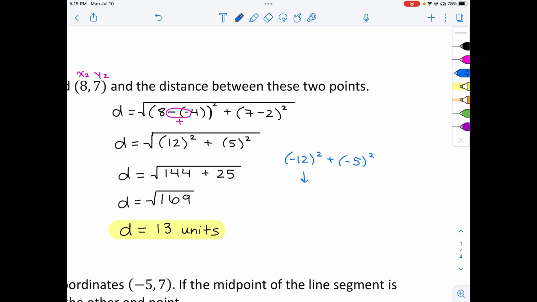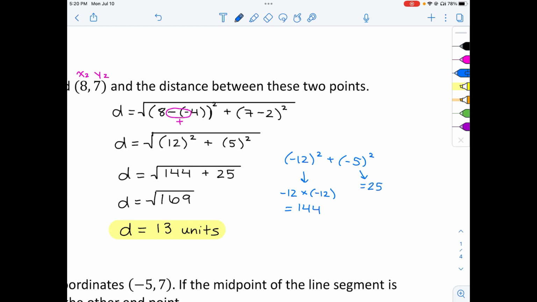So this means we are doing -12 times -12. And we know that a negative multiplied by a negative will make a positive. So this is still just positive 144. Okay, so although your calculator might tell you it's -144, it is not. And similarly, if we had -5 squared, that would be the same as 5 squared, so it's just positive 25.